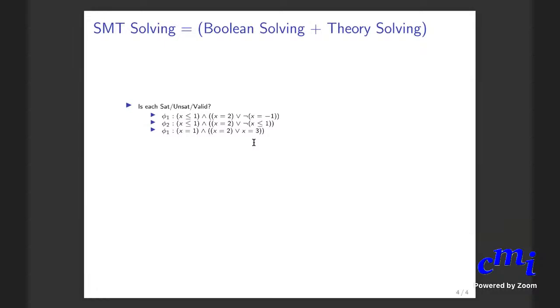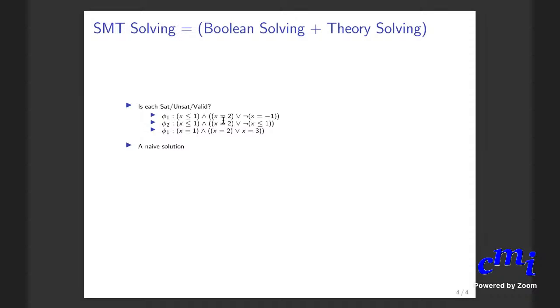So that's clear enough. So in each of these cases, there are two things. One is a Boolean structure that needs to be satisfied. And since the atomic formulas are drawn from the theory, the constraints imposed by the theory and the non-logical symbols, etc., will have to be satisfied as well.